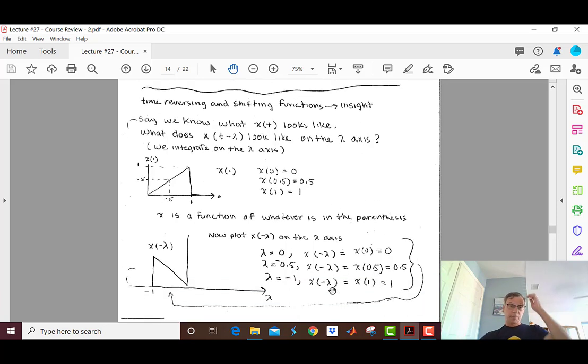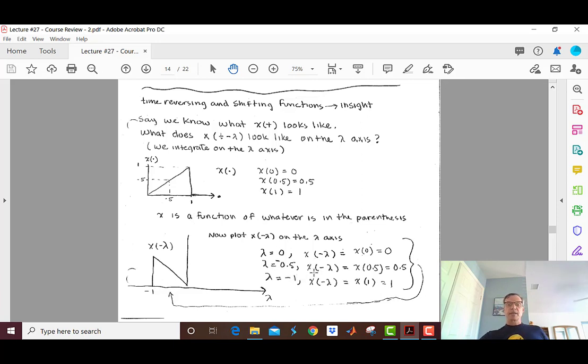So now what I'm going to do is plot x of minus lambda on the lambda axis. And so if lambda is equal to 0, then x of minus lambda is going to be x of 0. It's going to be 0. Now I'm going to make lambda equal to negative 0.5. So that means I'm looking at this point on this axis.